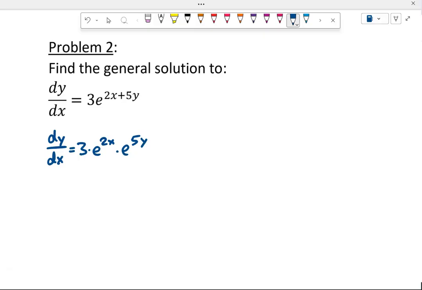One other thing I wanted to address. If I had e to the 2x and I asked you to take the derivative, what would we need to use to take the derivative of e to the 2x? Okay, if you're looking at it and say, hey, that needs the chain rule, then what do we use to integrate?